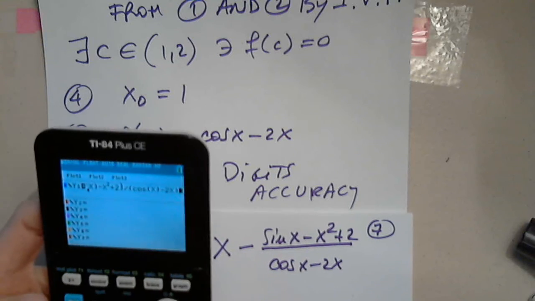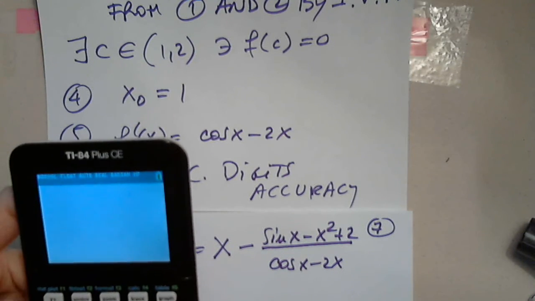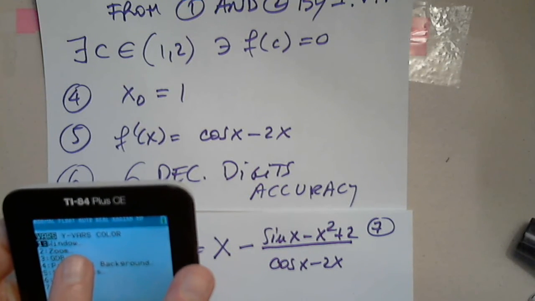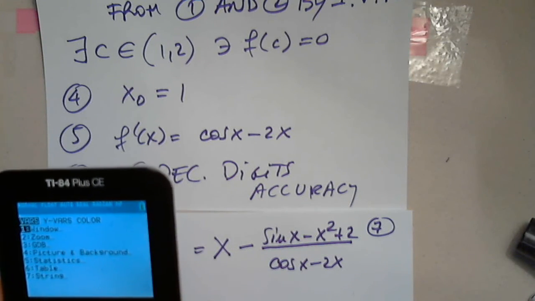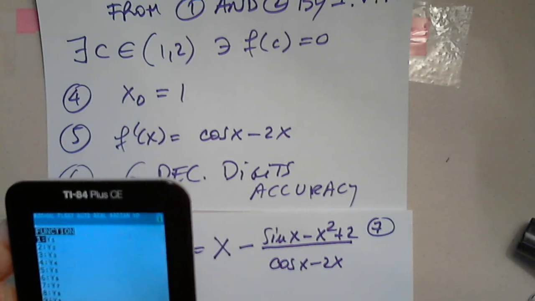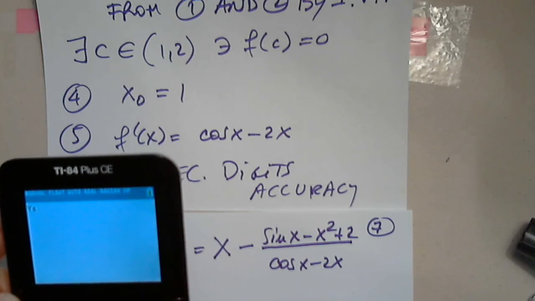Okay. So now, second and quit, and just go to variables, and go to y variables, and select the function. And I am going to select function y1 because that's where Newton's method is.